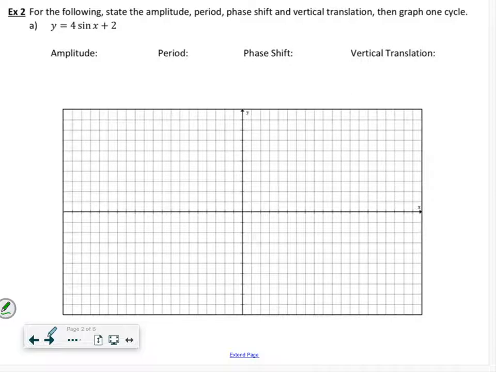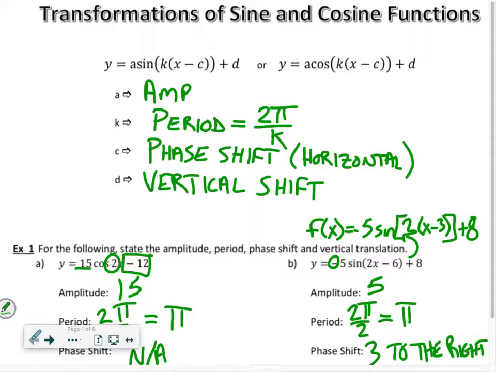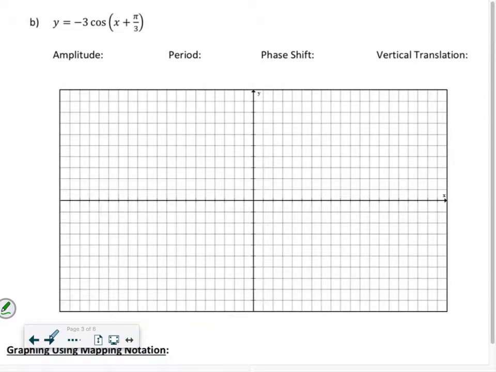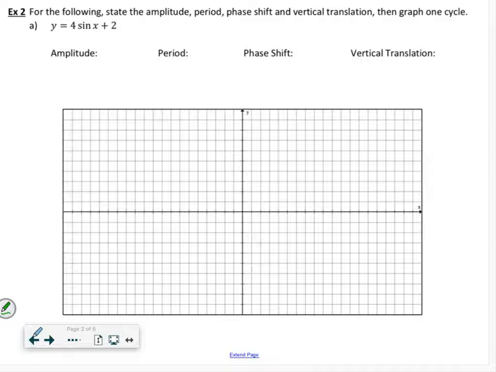Looking at this graph, and I know there's a little bit at the bottom of these next two graphs, the graphing using mapping notation. I'm just going to show you kind of how I do it, and then we'll use the mapping notation potentially in class. When I'm graphing these, first I need to find out what my period is, and then we need to establish a scale. Typically going up the graph, I would do every other square as a value.